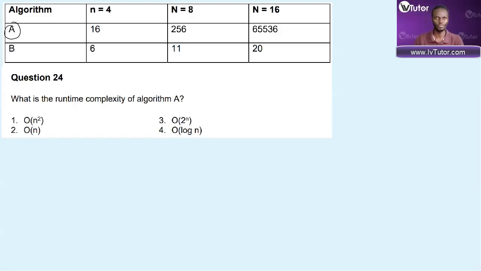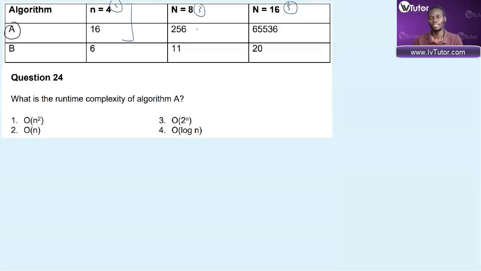For example, the log of n: if we're operating in base 2, the log of 4 here is 2, the log of 8 here is 3, the log of 16 is 4. So what is it that we can do to n to get 16? This one is not really helping.